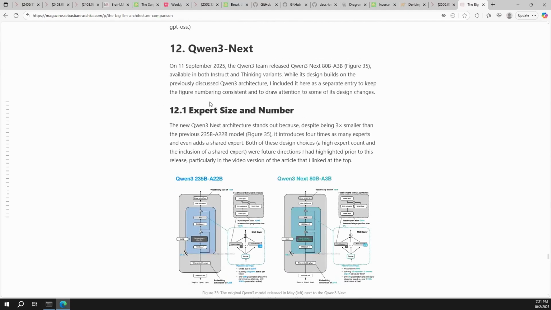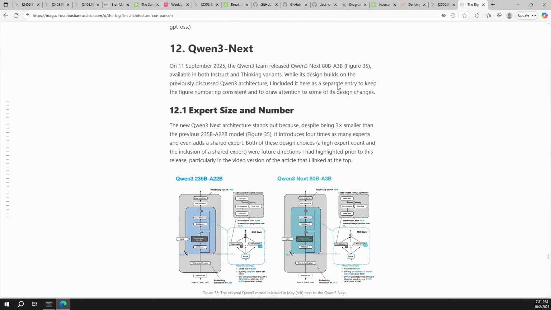All right, so then we have an addendum. This was not part of the original blog, but he added here Qwen 3 Next. So in this figure, we've got the Qwen 3 Next 80 billion total, active 3 billion.